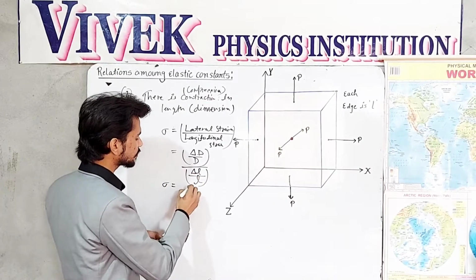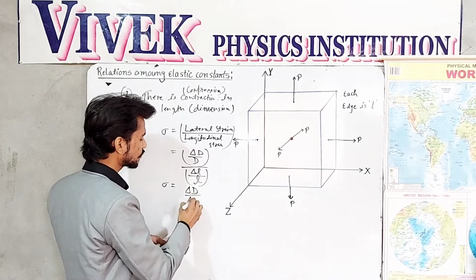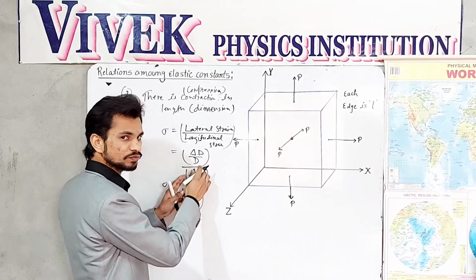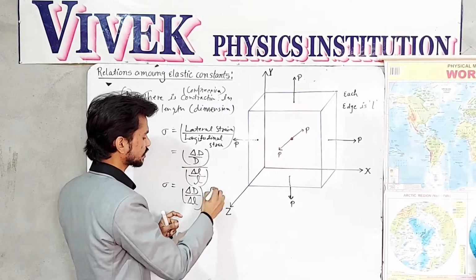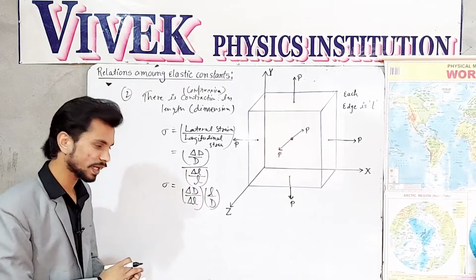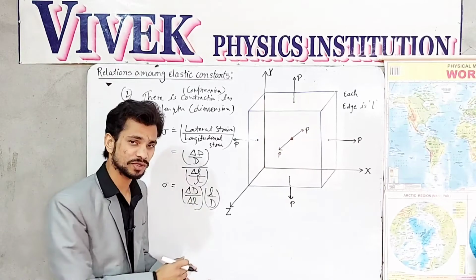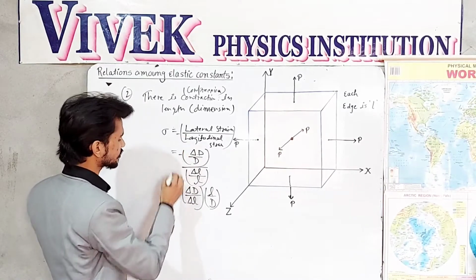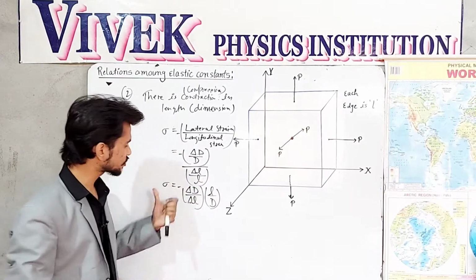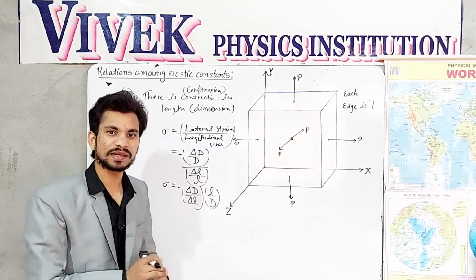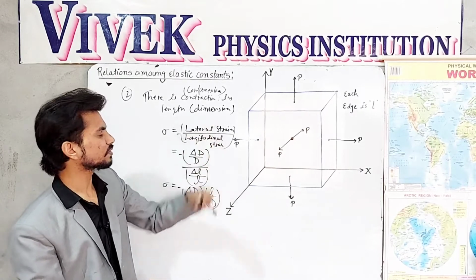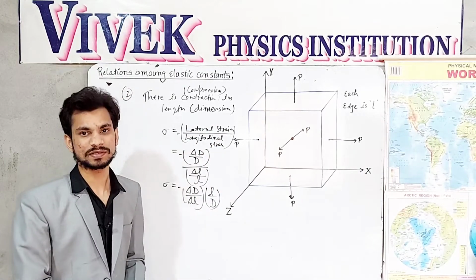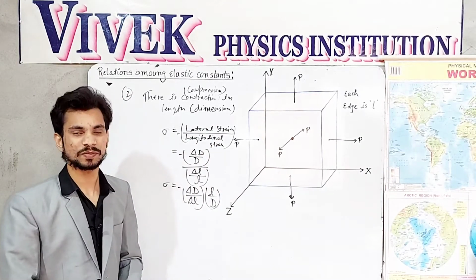This can also be viewed as delta D over delta L multiplied by L divided by capital D. So this is the Poisson ratio, and there was a minus sign here, which shows the contraction in one strain, that is the contraction in the lateral strain in the case we discussed in the last video.